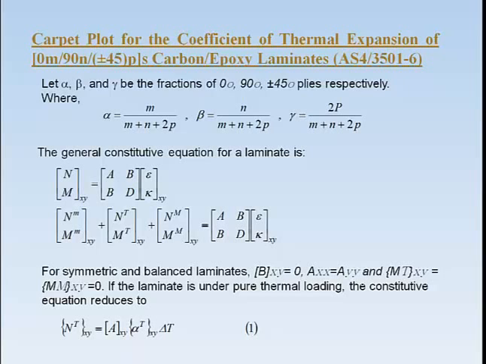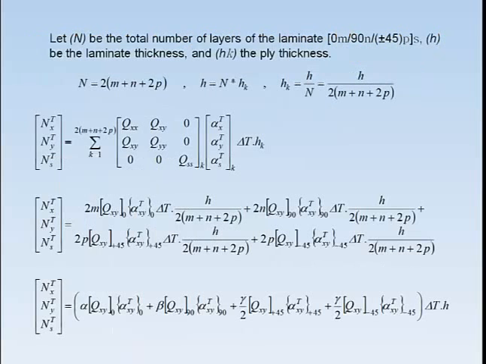For symmetric and balanced laminates, Bxy equal to 0, Axx equal to Ayy, and Mx, My, Mxy equal to 0. If the laminate is under pure thermal loading, the constitutive equation reduces to Nt xy equal to matrices Axy into alpha t xy into change in temperature, that is delta T.